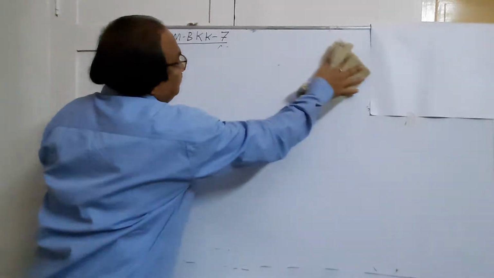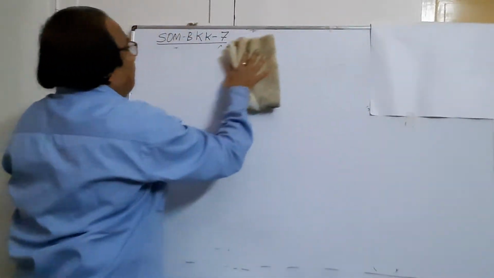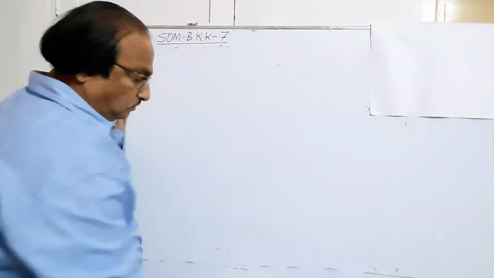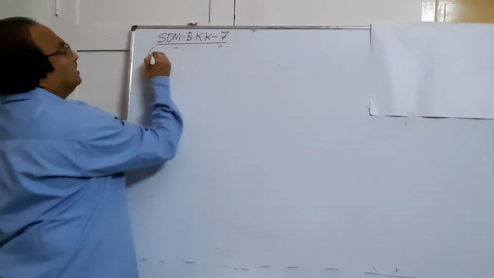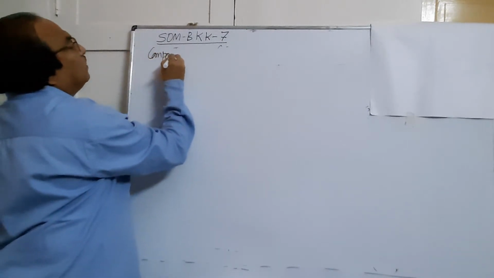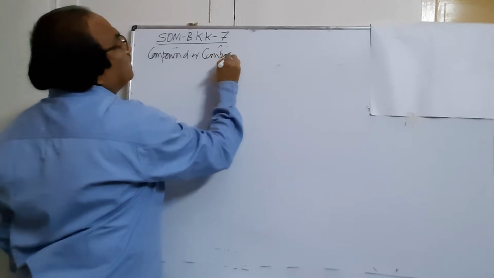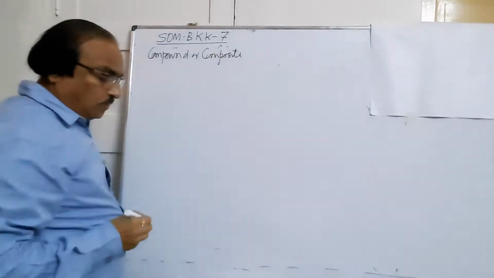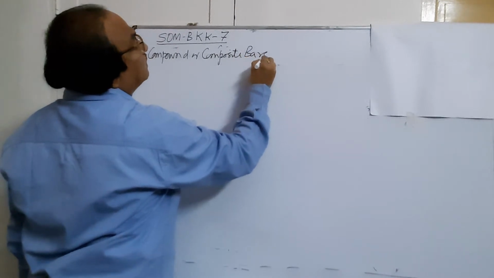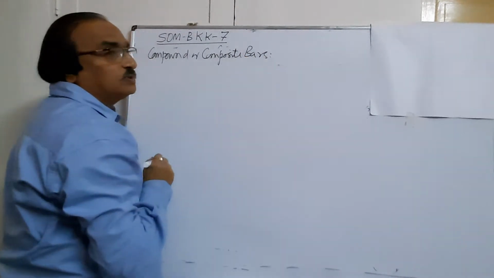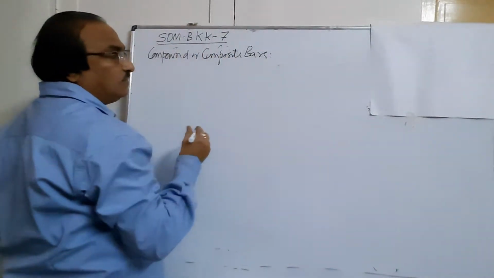Suppose we will see compound or composite bars. Compound and composite sections we have seen. So we will see bars today.